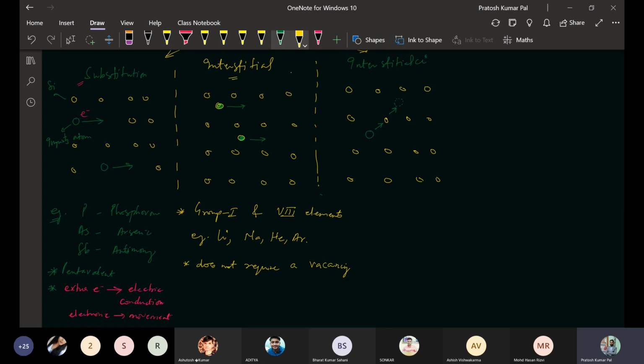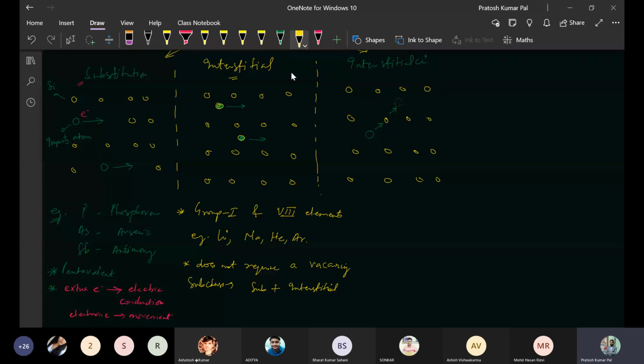In that subclass, interstitial can show substitution as well as interstitial. So another type of diffusion is there, in which it will show substitution type of diffusion as well as the interstitial type of diffusion.